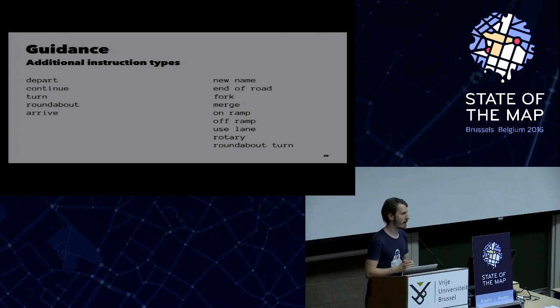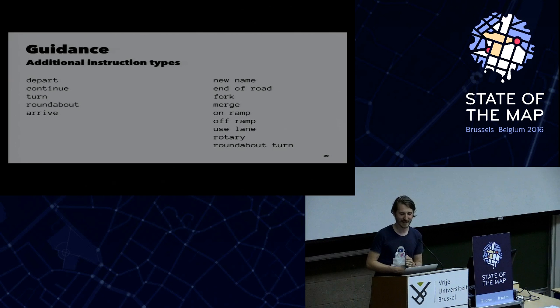We then worked a lot on highway and motorway instructions and guidance, where we introduced the fork and merge operators, as well as ramp operators and lane operators. I'm going to explain these more in a bit. And roundabouts are actually really hard. Everyone who ever mapped a roundabout in OSM knows that it's a weird thing to map. It's an even weirder thing to route on.